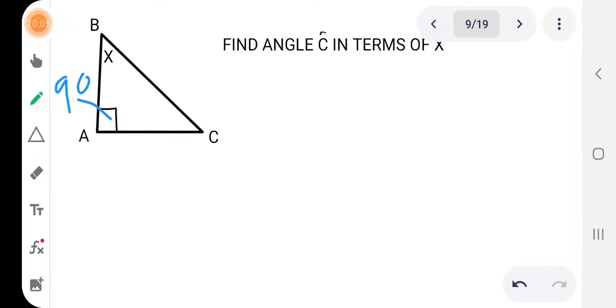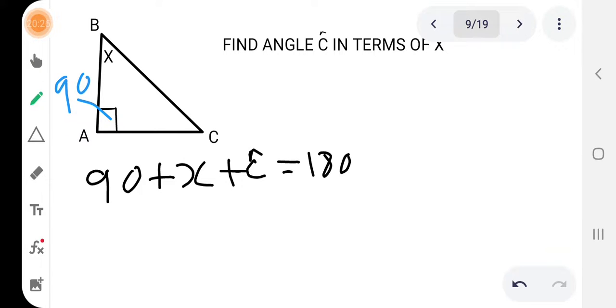So okay, this is what you're going to do. I'm simply going to say the sum of the angles in a triangle is 180 degrees. Remember, this is a repetition, so I won't explain this. We simply say 90 plus x plus angle C is equal to 180 degrees. Your reason is angles in a triangle.